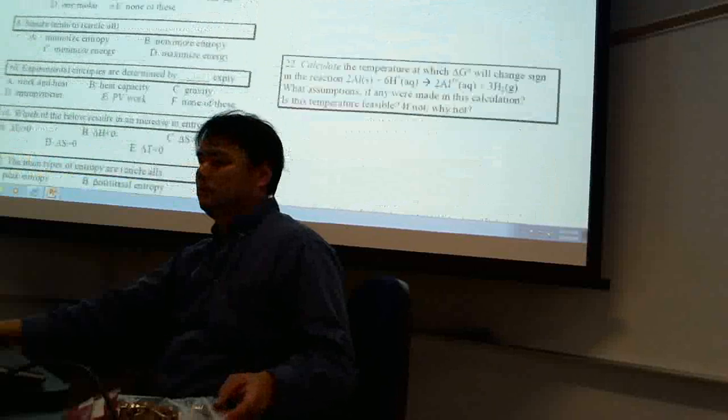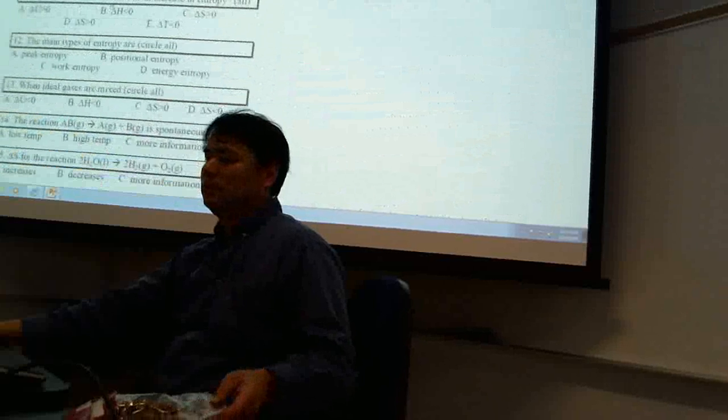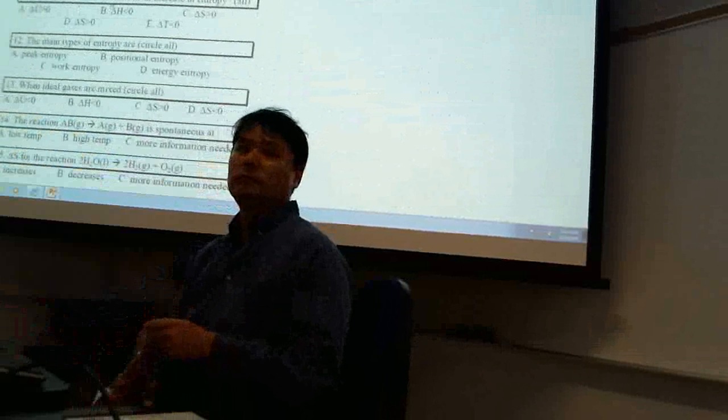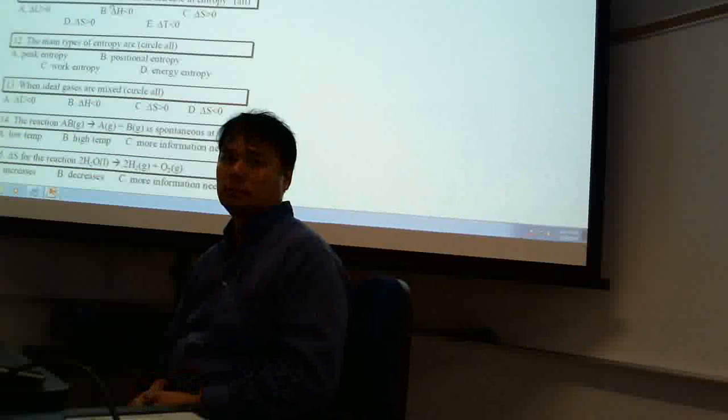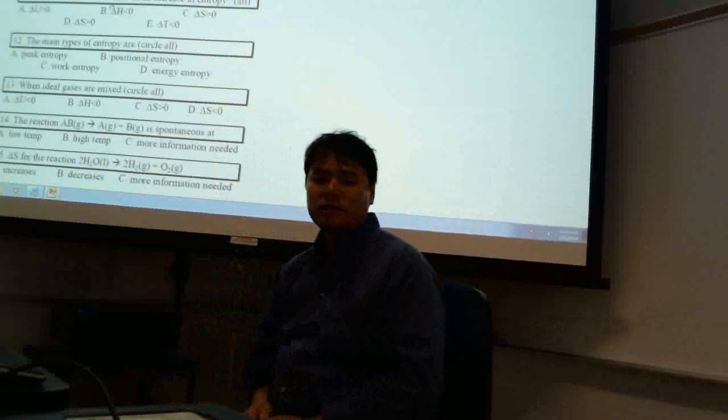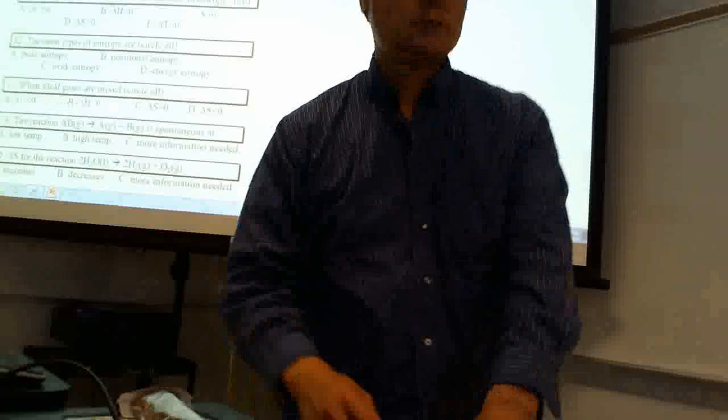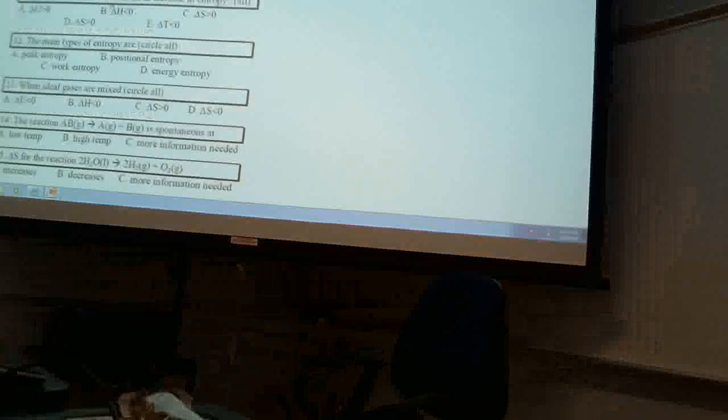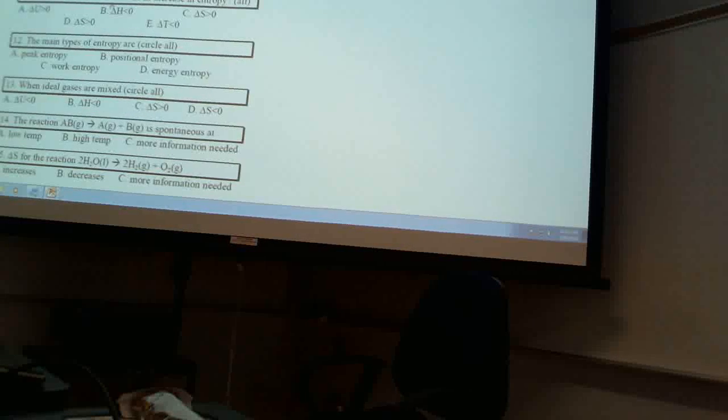Is the delta S increasing because we're going from not mixing them to mixing them? It's increasing because, if you think of mixing gases, we follow Avogadro's law style of gas mixture.